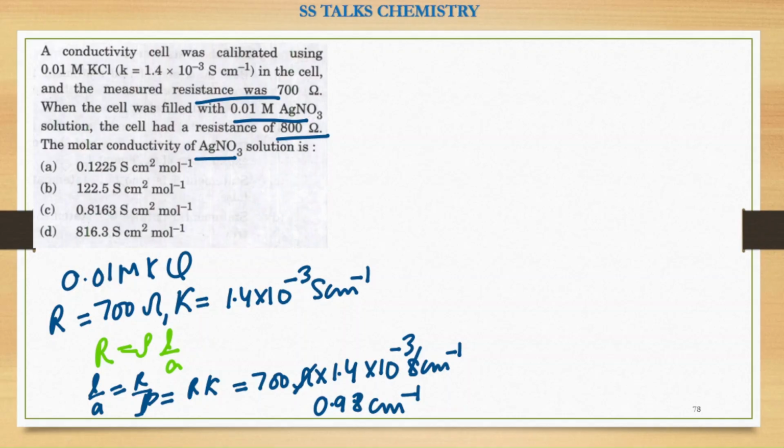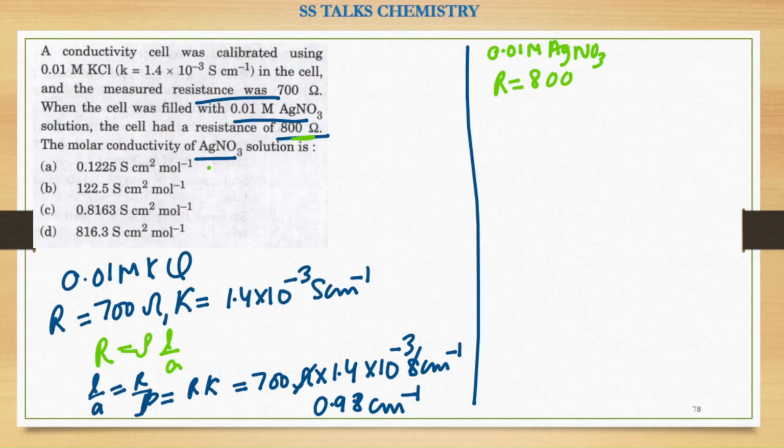Okay, next is for the other solution now, that is the AgNO3. For that, firstly we need to find the conductivity value, because the resistance value is given to us. To find the molar conductivity we need the specific conductance. So when it is 0.01 molar AgNO3, the resistance is 800 ohms. The cell constant will be 0.98 centimeter inverse.